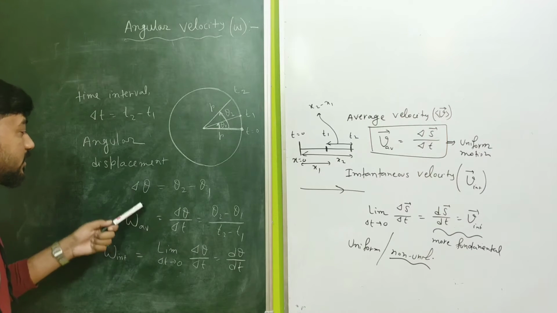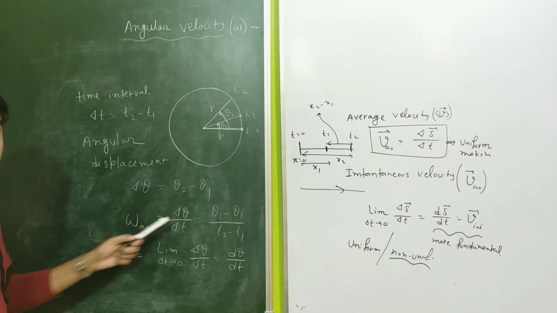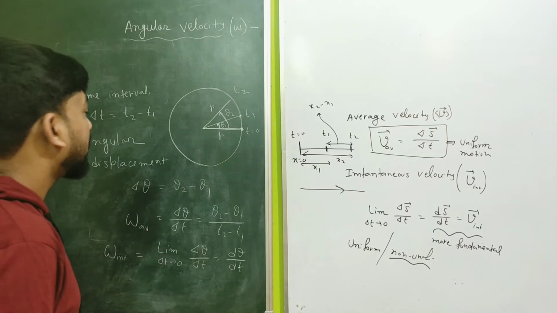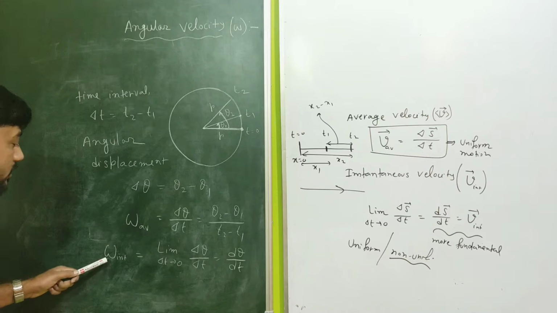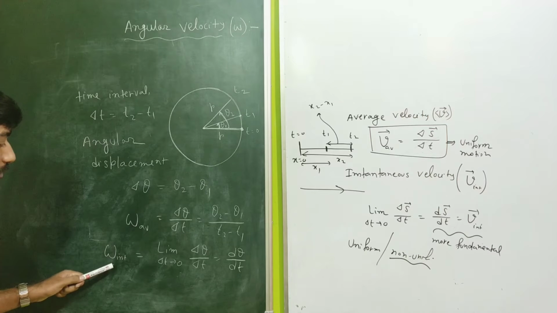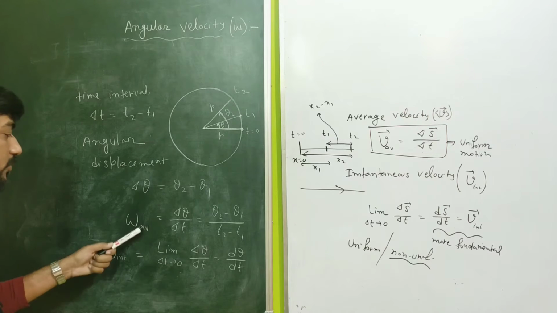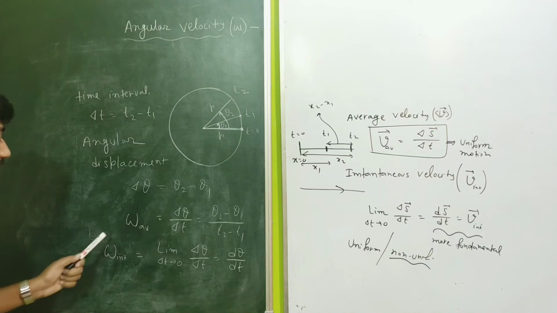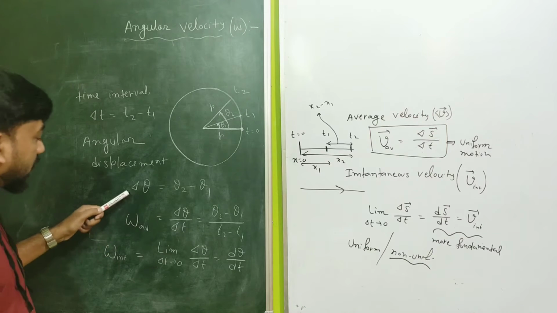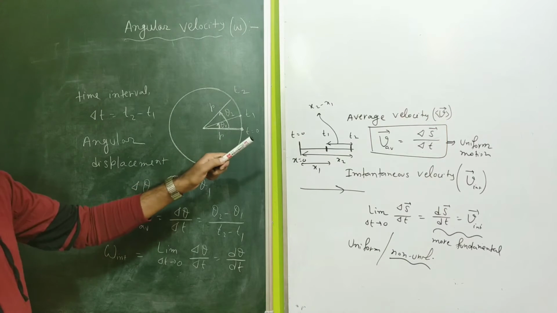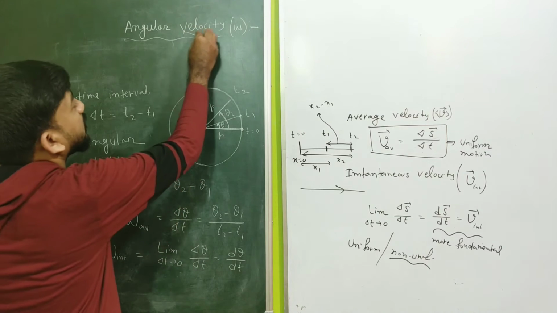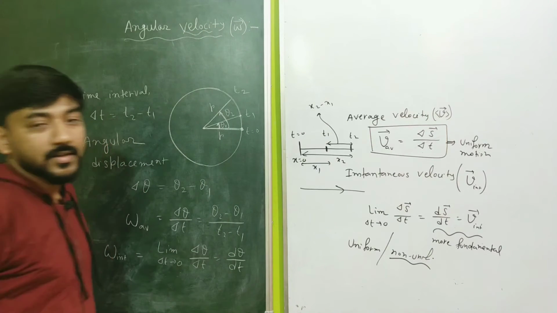Here I have discussed a lot of things about angular displacement. So this instantaneous omega, whenever I am saying angular velocity, and velocity is always a vector quantity, I have written over here angular velocity, so it is obviously omega vector.